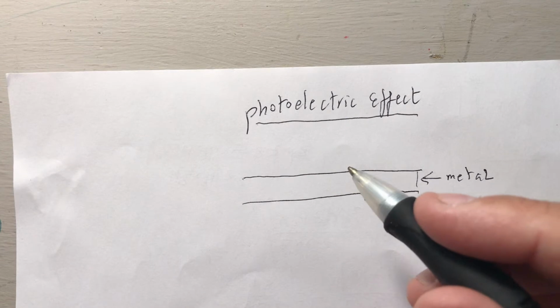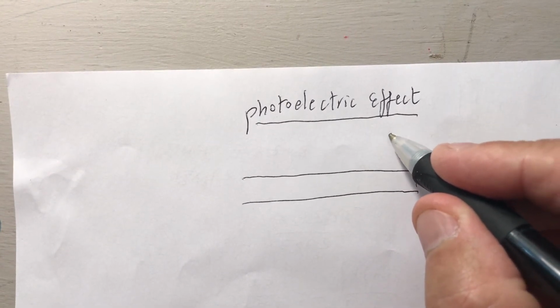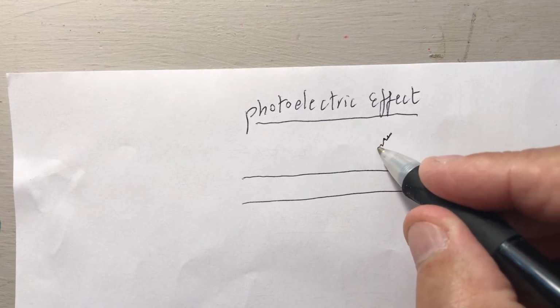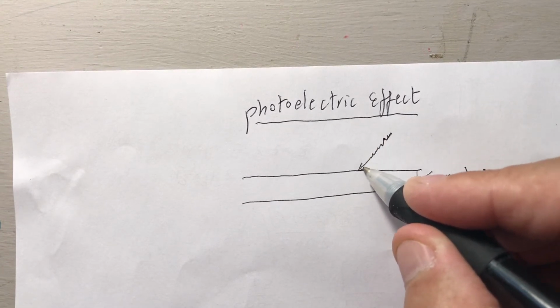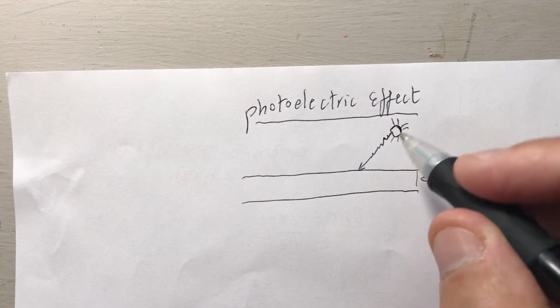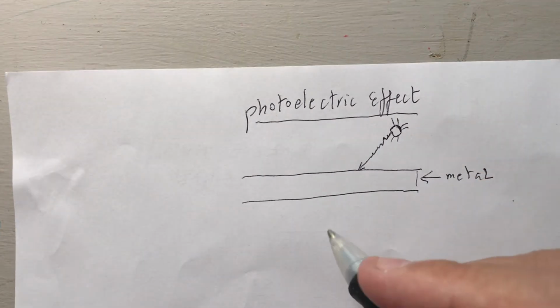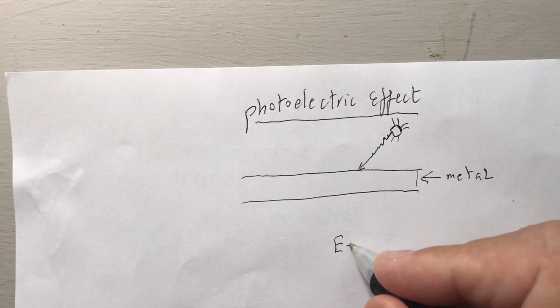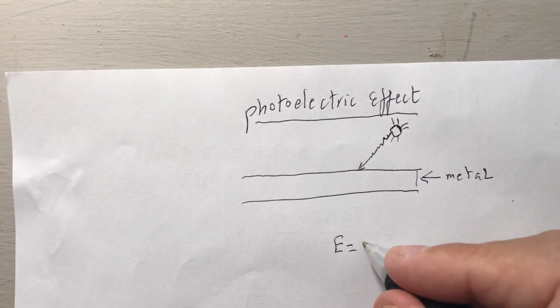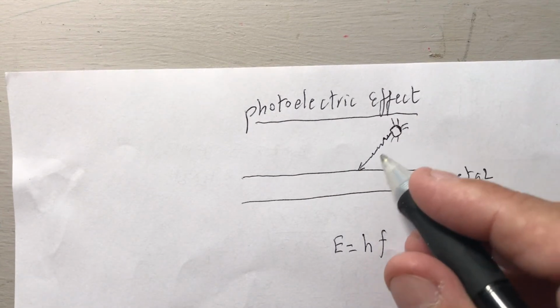So if a photon, a bundle of energy of light, comes in from the sun with a certain energy, this energy of the photon is equal to Planck constant times the frequency of that ray.